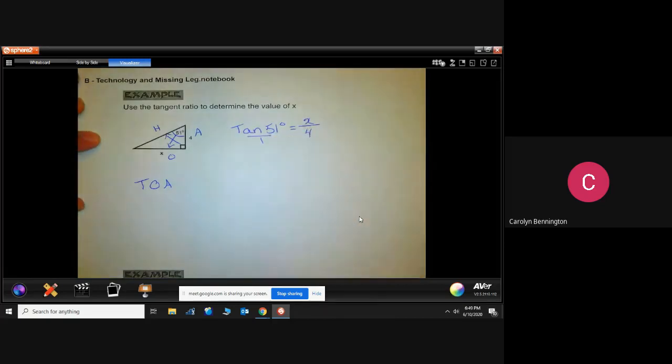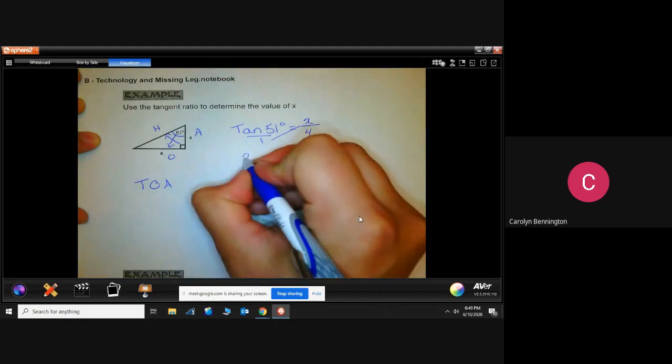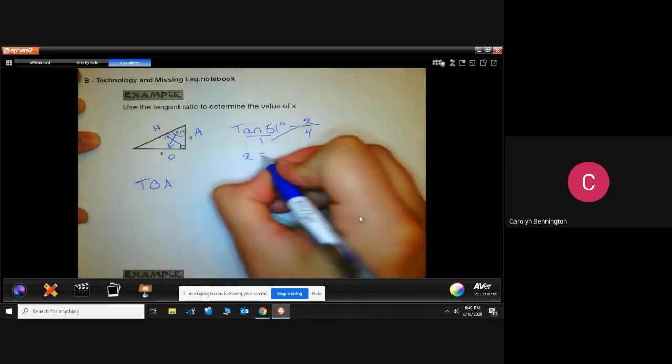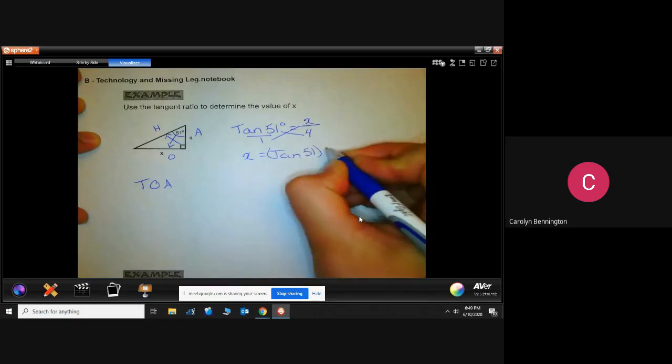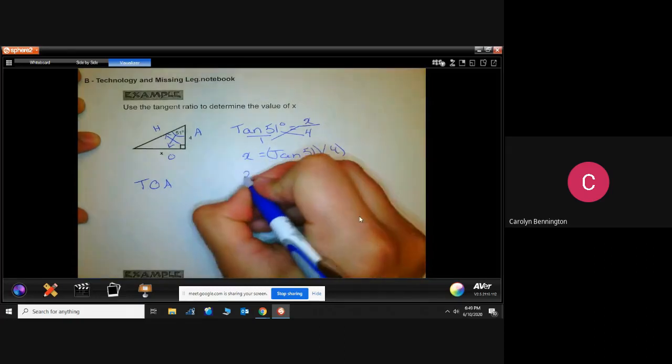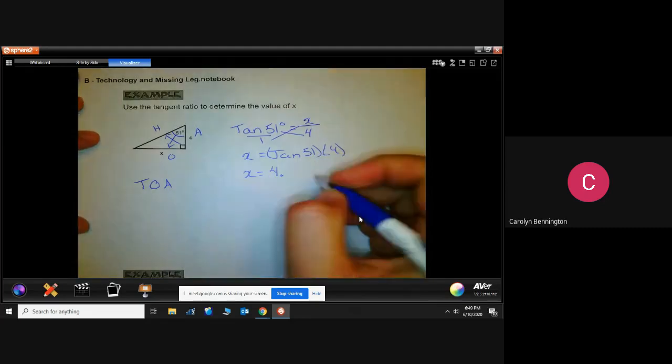Put a 1 underneath of our tan 51, and then cross multiply. So 1 times x is x, and this equals tan of 51 times 4. So use your calculator to figure this out. So tan 51 times 4, and we will get 4.9.